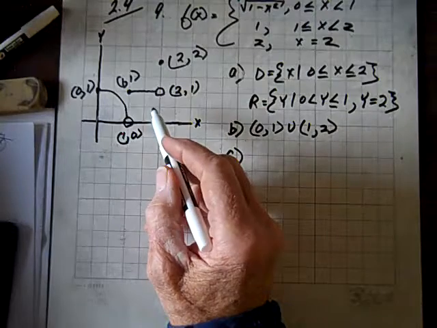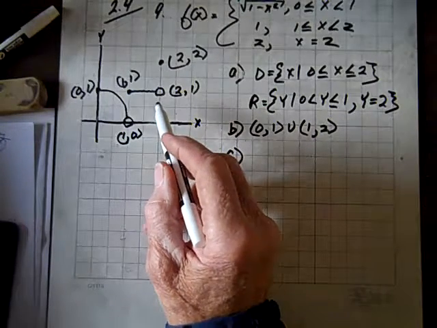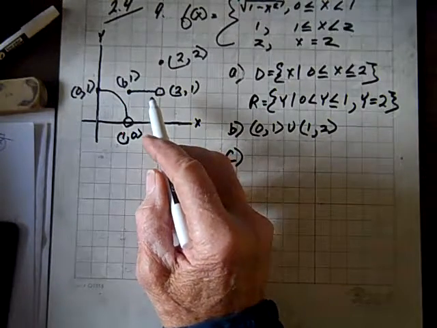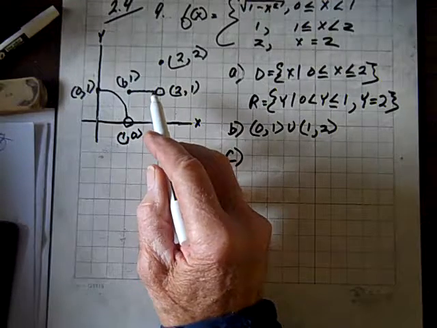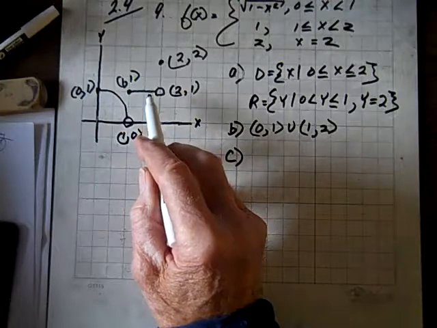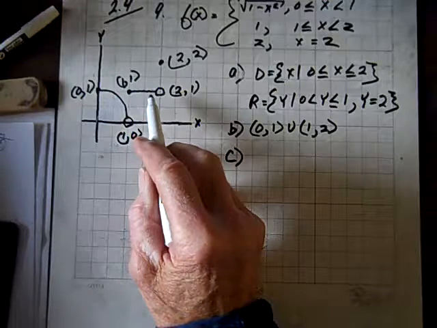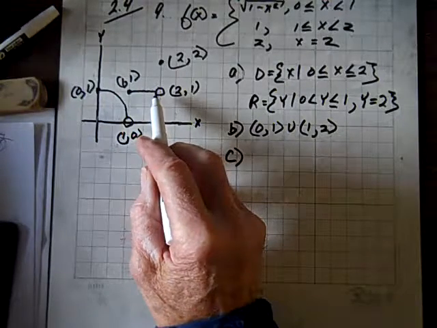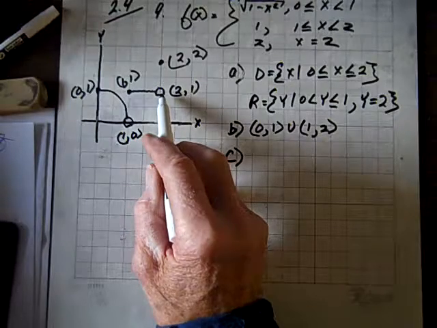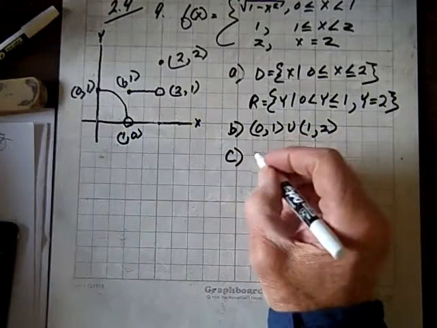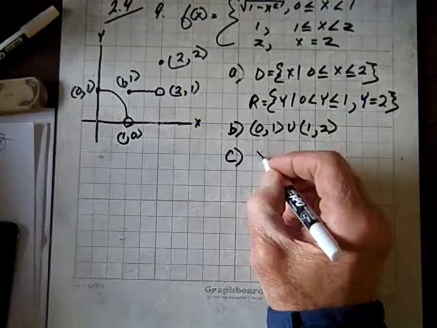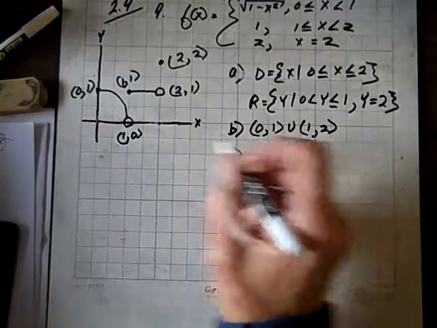And a key word here is only. And the left-hand limit only exists for the value x equals, and that's going to be 2. X equals 2.